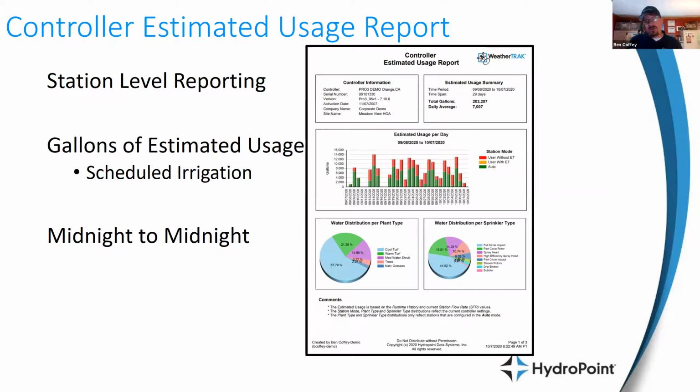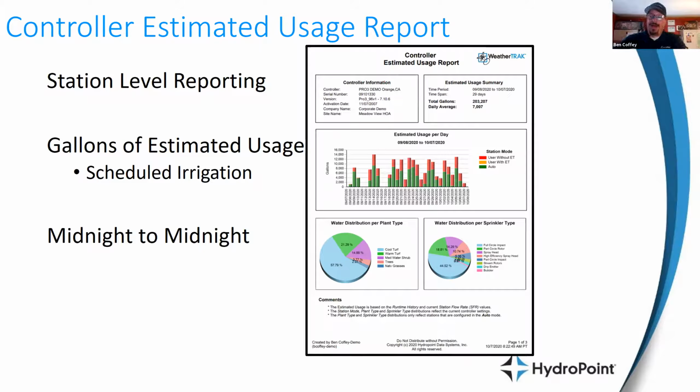We don't really know exactly how to divide those gallons up. And so we don't have a clean measured usage for each individual station in reporting form. But what we can do is very cleanly estimate that, right?